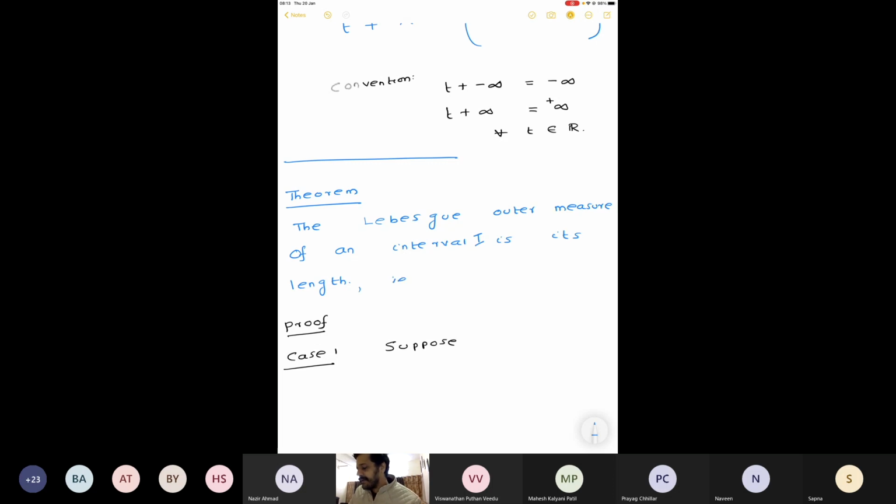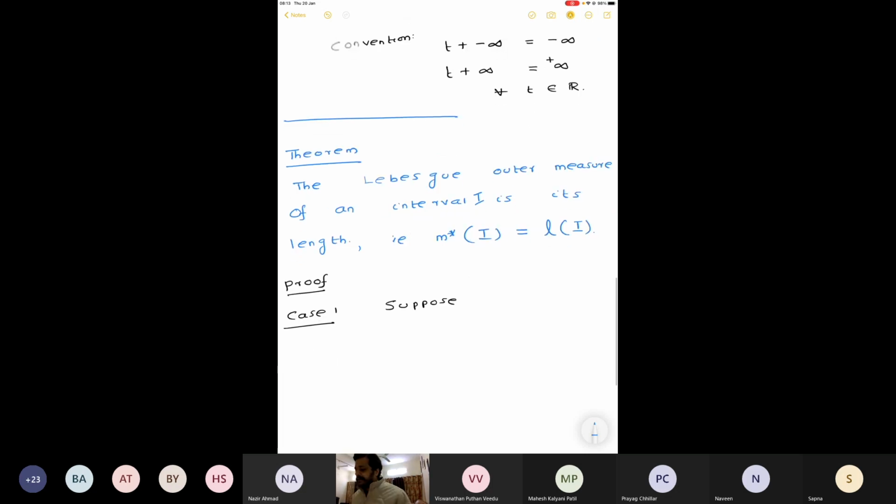That is, M star of an interval I is the same as the length of I, where I is an interval. So first I will take I to be a closed bounded interval. Suppose I is equal to [A, B], where A and B are real numbers with A less than B.